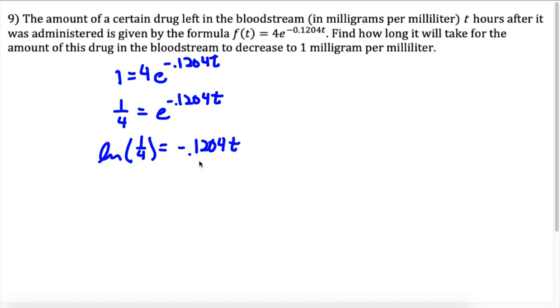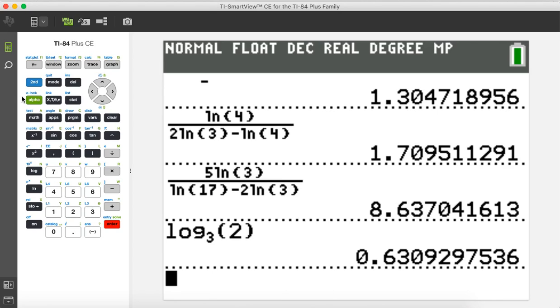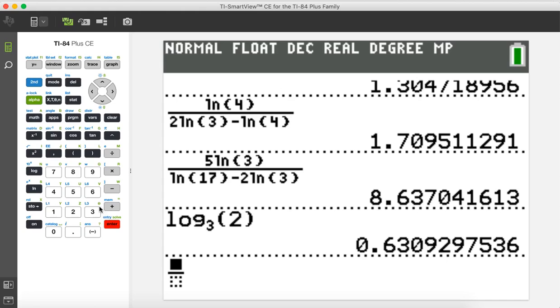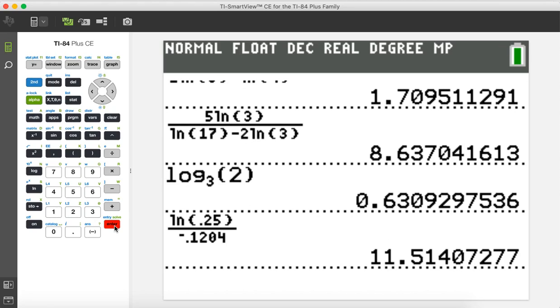All right. Then divide both sides by negative 0.1204. So if we take natural log of 1/4, over negative 0.1204, we get 11.514.